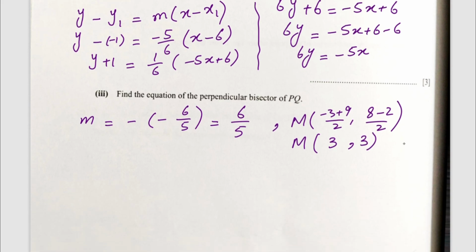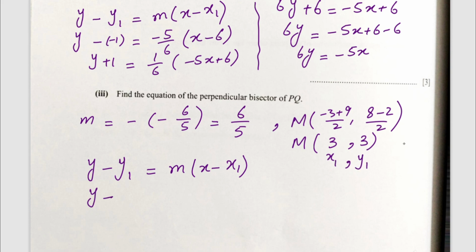So now we again use the general equation to find the equation of the perpendicular bisector, y - y1 = m(x - x1). Here this midpoint will be considered as x1, y1. y - y1 is 3, m is 6 over 5, x - x1, x1 is also 3.